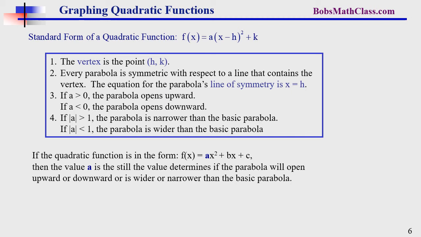So whatever the x value is, there's a vertical line that means both sides of the parabola are exactly the same. If you look at your drawings of your parabolas, both sides are the same on that line x equals h, where h is the h value of our vertex.